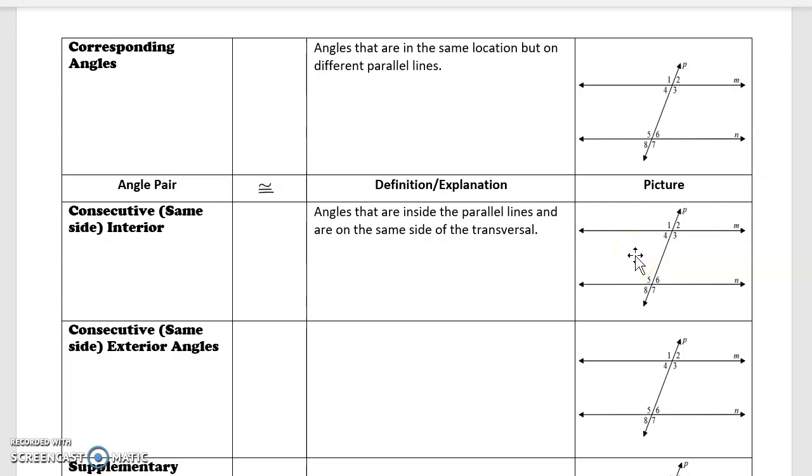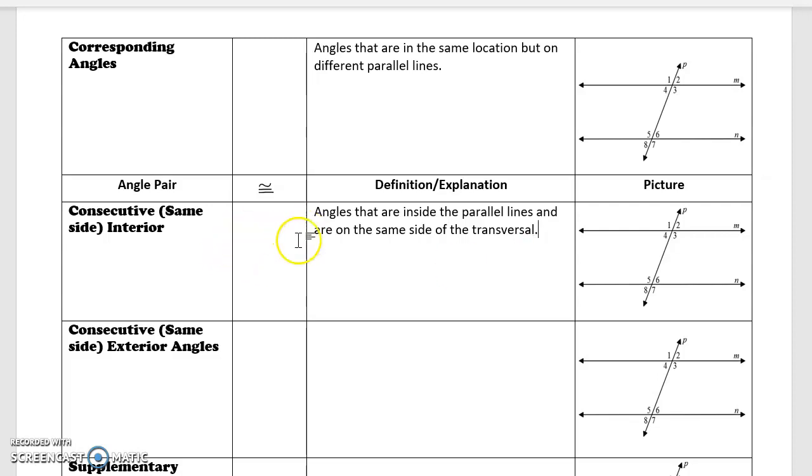So if we're looking at this, the angles have to be inside of the parallel lines and on the same side of the transversal. So when I look at this, I see what angles are inside the parallel lines and on this side of the transversal. I see angle 4 and angle 5. So angle 4 and angle 5 are consecutive same side interior angles.